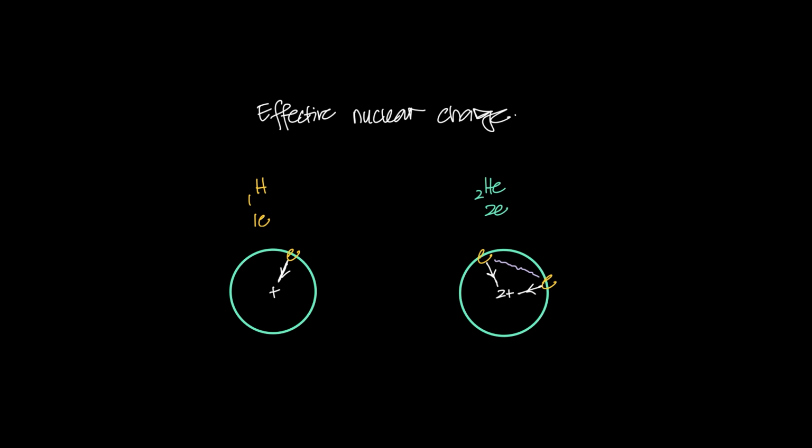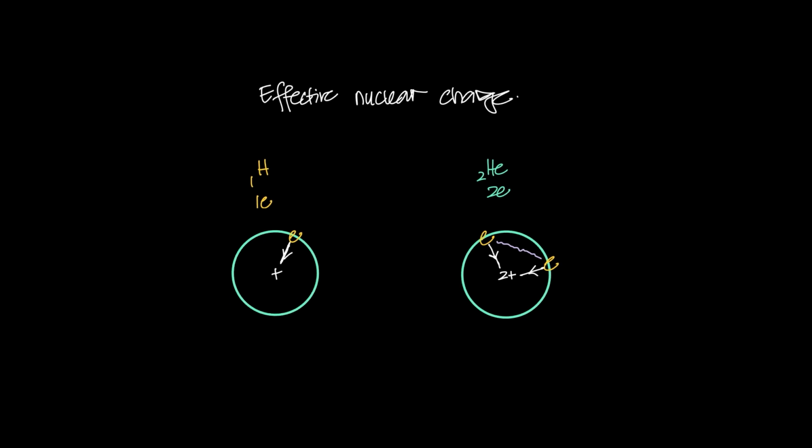So when there is no shielding, the effective nuclear charge is the nuclear charge. We use the symbol Zeff to represent effective nuclear charge. In hydrogen the effective nuclear charge is 1. In helium it's approximately 2 plus, 2 plus but with a little bit of repulsion.